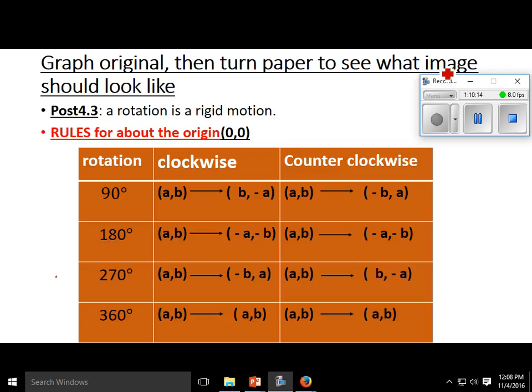They're the same. So if I turn this 180 degrees clockwise, or 180 degrees counterclockwise, it doesn't matter, it ends up in the same spot. And what do you notice about 360? They're the same also, because 360 just ends up being right in the same spot.